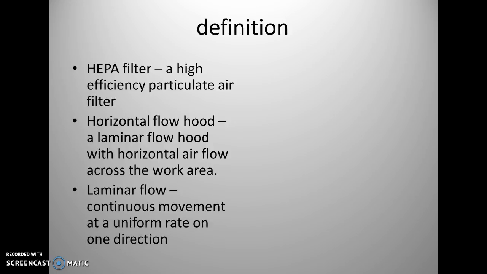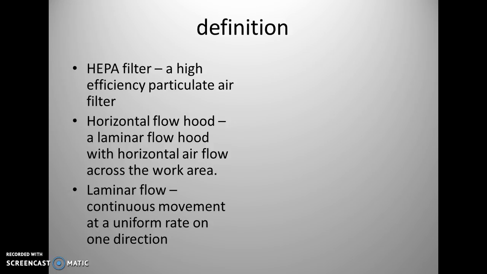Another important definition that you should be familiar with is horizontal flow hood. A horizontal flow hood is basically a laminar flow hood with a horizontal flow across the work area. Now we're going to see a picture of that very soon.